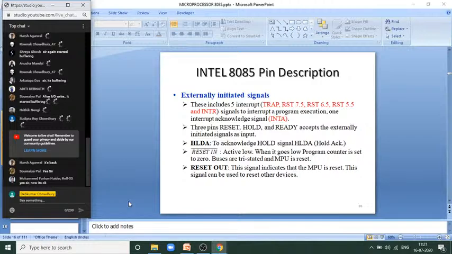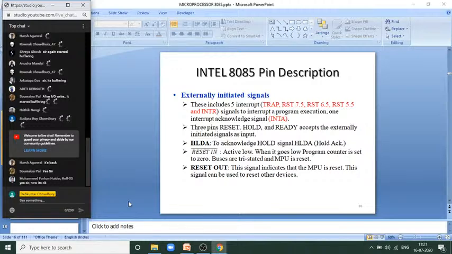If it accepts, then the HLDA signal is high, and it will transfer the control of the system bus to the DMA controller. Upon receiving the system bus, the DMA controller will perform the DMA operation between memory and IO. After the memory operation or IO operation is performed, the DMA controller once again hands over the control of the system bus to the microprocessor.